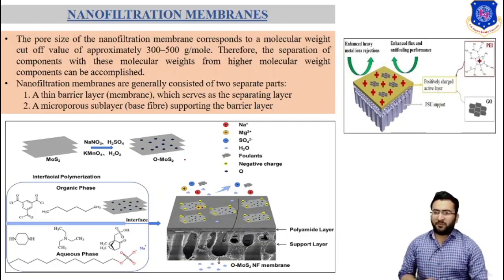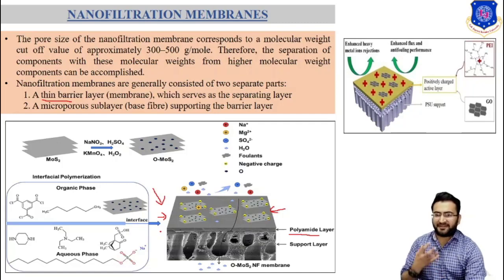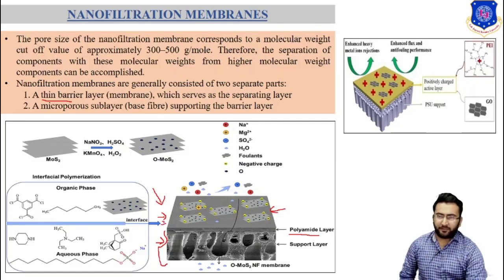So, a nanofiltration membrane is made of two layers. Layer 1 acts as the separating layer, or thin barrier layer. Here we can see a nanofiltration membrane with two layers: the first is a thin barrier layer used for the separation, and the second is used to support this thin layer.